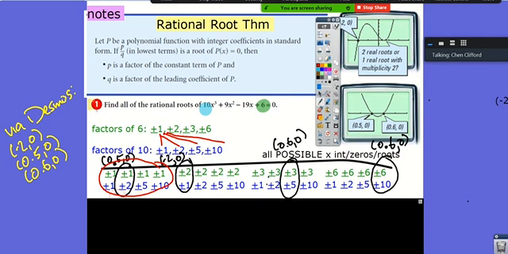Then go on Desmos, find the x-intercepts, write them down as a side hustle, and just start circling where you see them from this pool of possible x-intercepts. And the last thing I want you to do is confirm that these work using synthetic division.